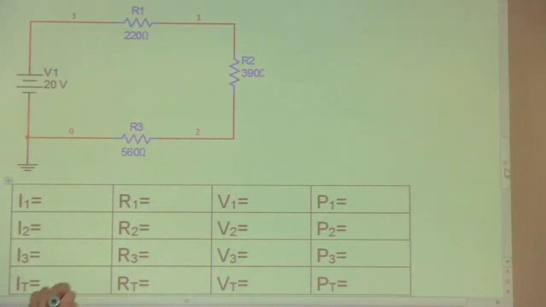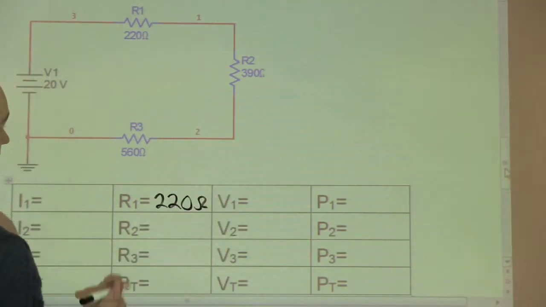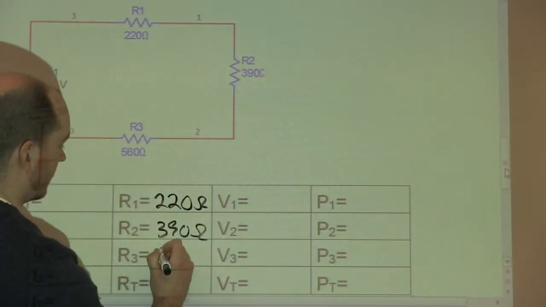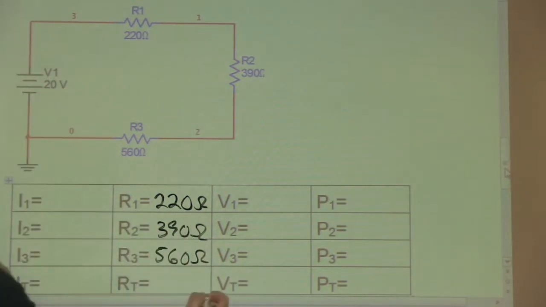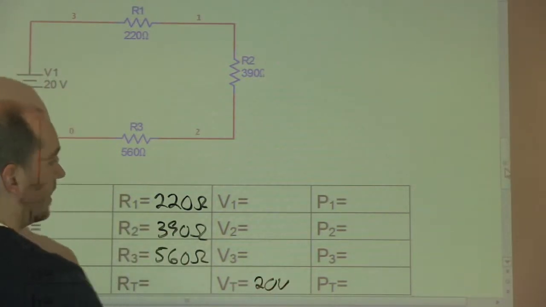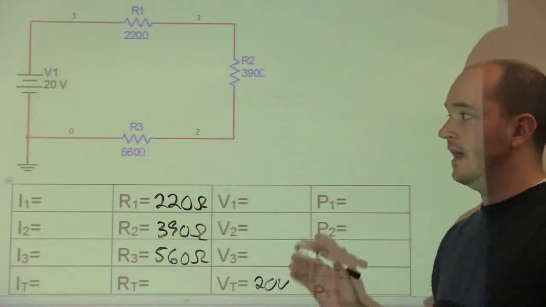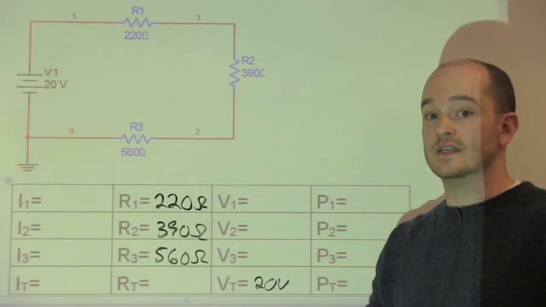The first value that we know is R1, which is 220 ohms, R2, which is 390, R3, which is 560, and our voltage total, which is 20 volts. Now, the first step typically in a series circuit is to go ahead and try to figure out your resistance total.